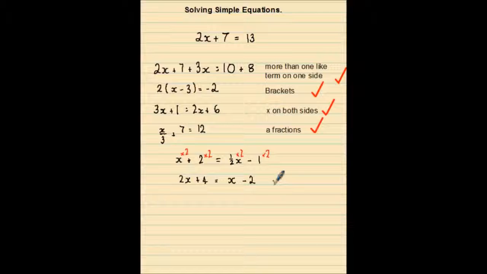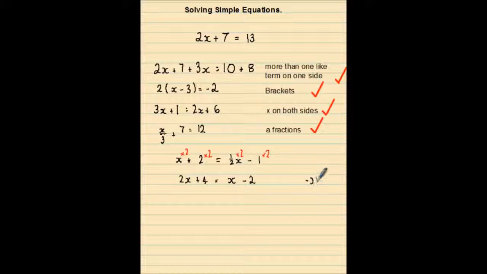Now it's not finished because now we're in a situation where we've got an x on both sides. But again, we've looked at how we deal with this. We decide which of the x terms we want to keep, and usually we'll keep the largest, so we'll keep this. So we need to eliminate this x. How do we eliminate plus x?